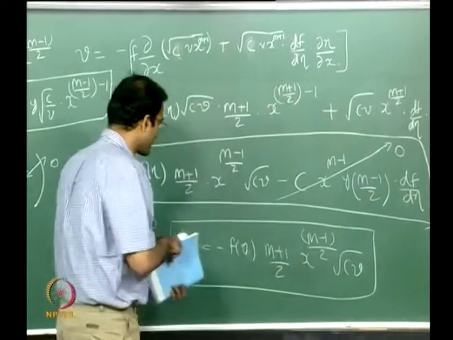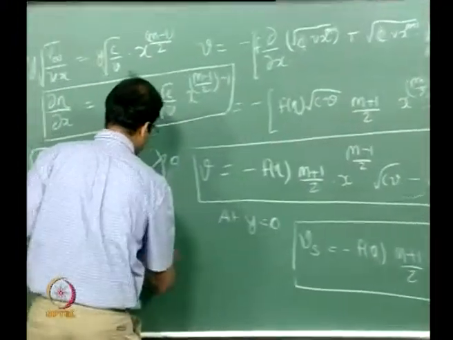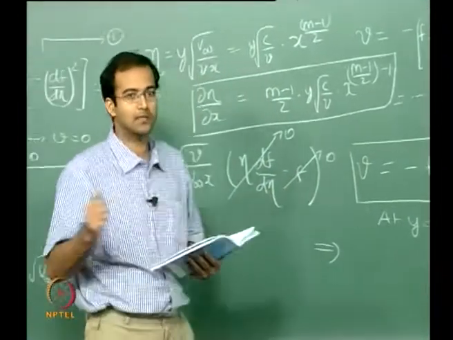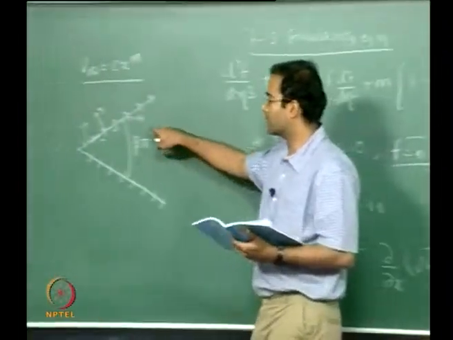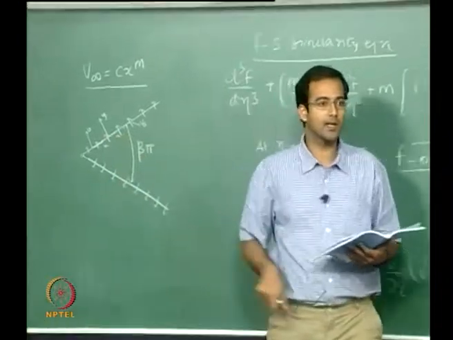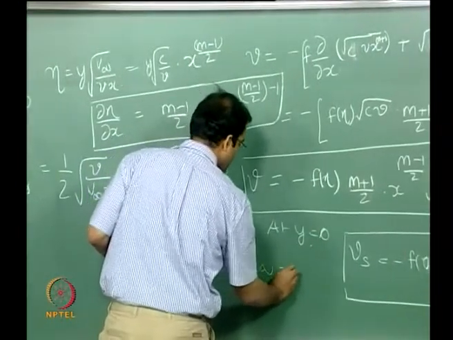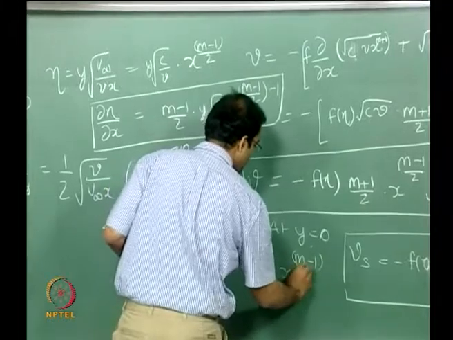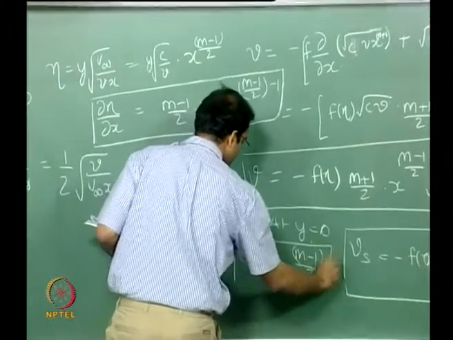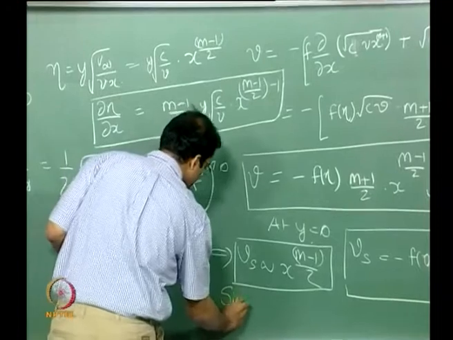So from this it clearly demonstrates that you can have a similarity solution to the Falkner-Skan problem with transpiration only if your velocity varies as x power m minus 1 by 2. So only then the similarity solution is possible.